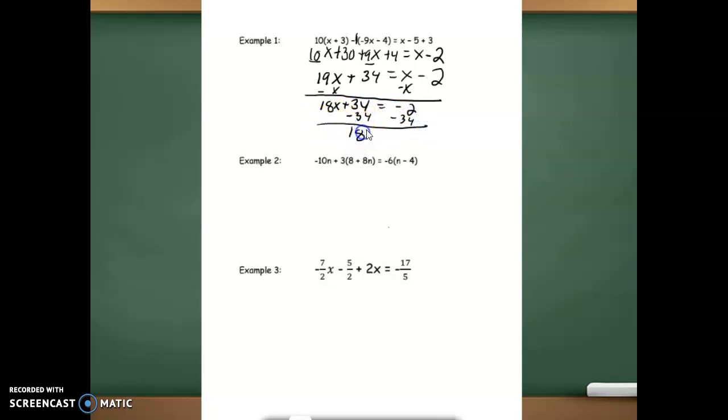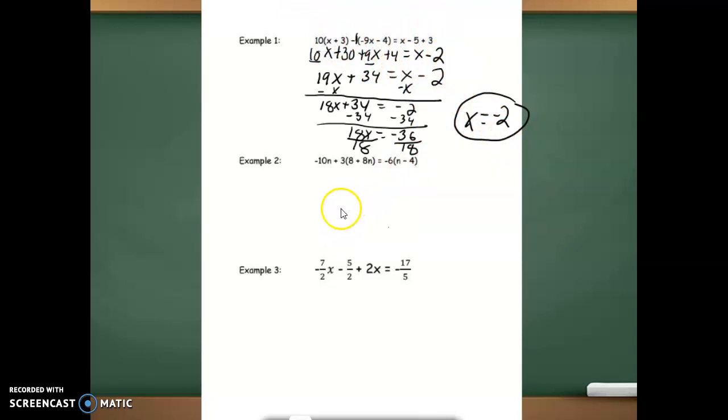And then we got 18x equals negative and a negative, we're adding them, is 36. So we're asking ourselves, you could do it in your head, 18 goes into negative 36, -2 times. If you want to check it, just plug it in your calculator and you're done.